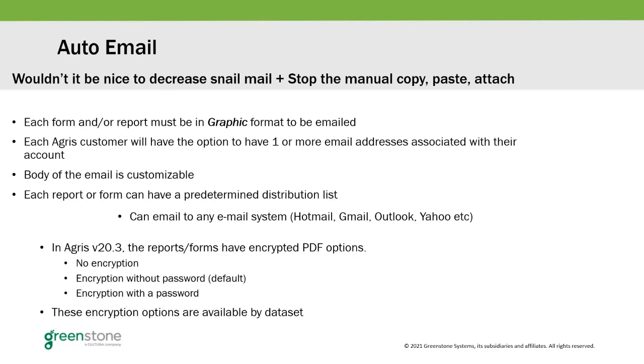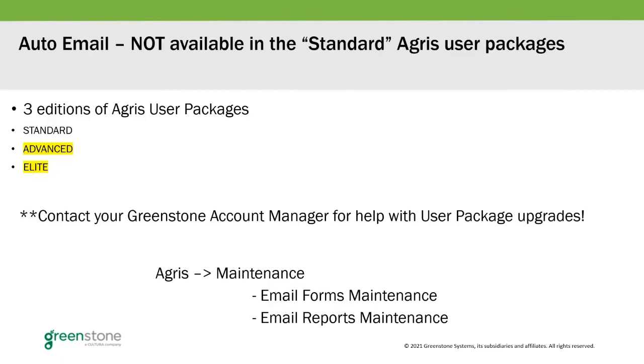So again, pretty straightforward, but I just want to make sure everybody understands it. So how do you get auto email? Well, back in the day, as I understand, it used to be an option that could be purchased as a license.